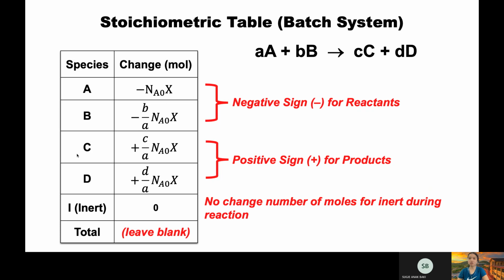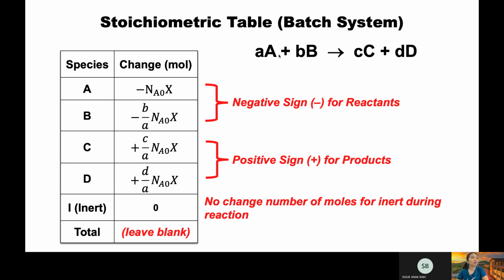Okay, what about B? The change for B. Okay. In this example, B is a reactant as well. So of course, bilangan mol B pun akan berkurangan. B will also decrease because B is a reactant. So how much it decreases becomes negative B per A NA0 X. So B per A ni adalah your stoichiometric coefficient ratio.